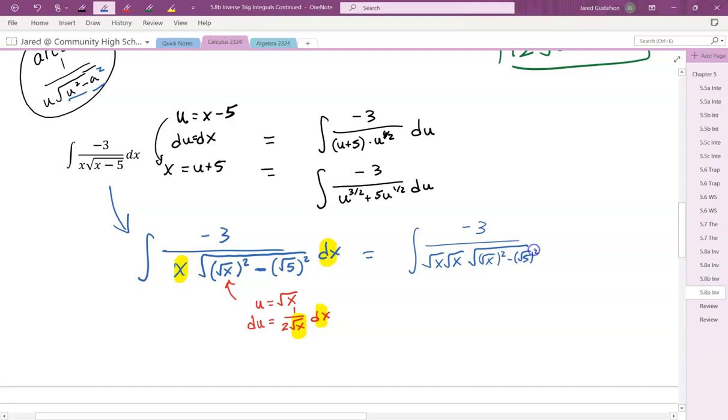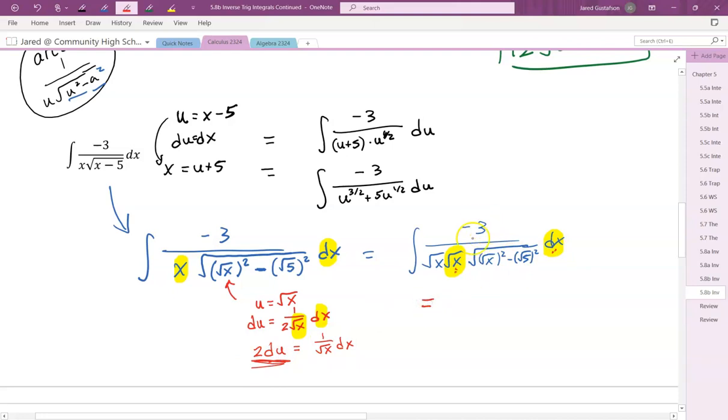Doing it this way, it might be a little bit easier to see that I'm replacing a square root of x in the denominator and a dx with 2 du. So the stuff that I have highlighted right here, I'm able to replace with 2 du.